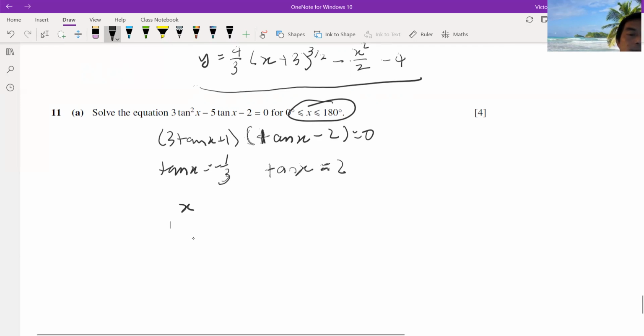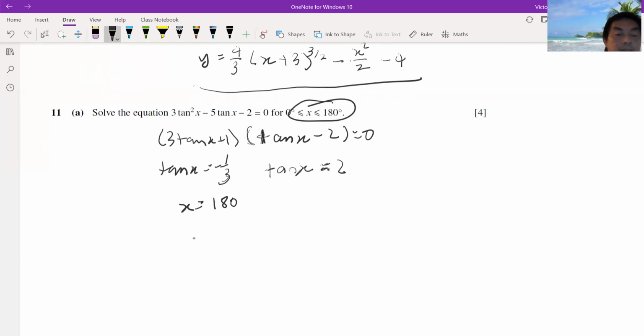So let's see. Reference angle. Shift, oops. Just change it back to degrees first. Tan inverse of 1 over 3 is 18.4 degrees. So this lies in the second and fourth quadrant.